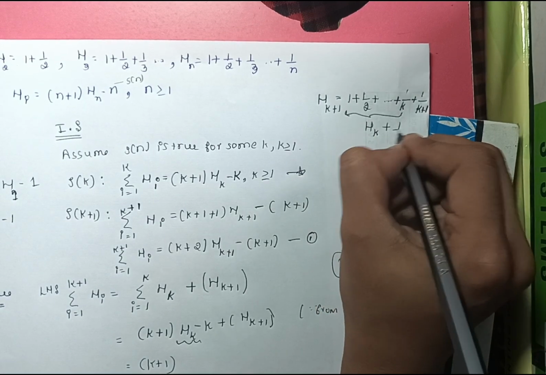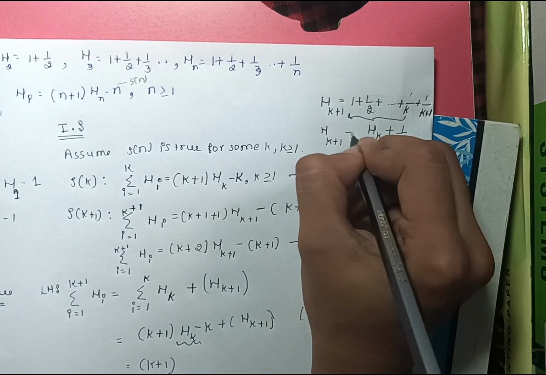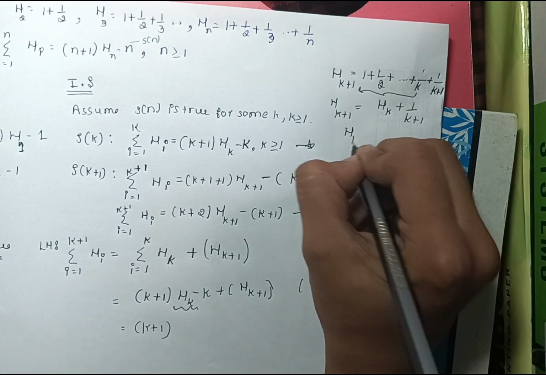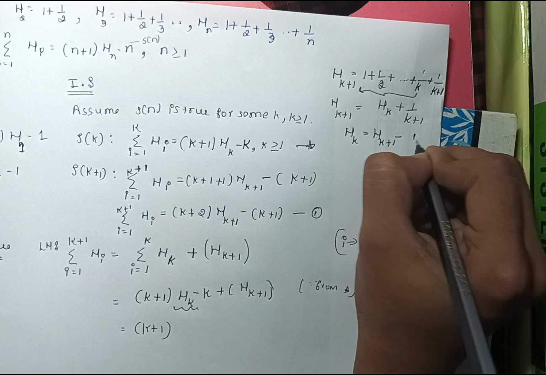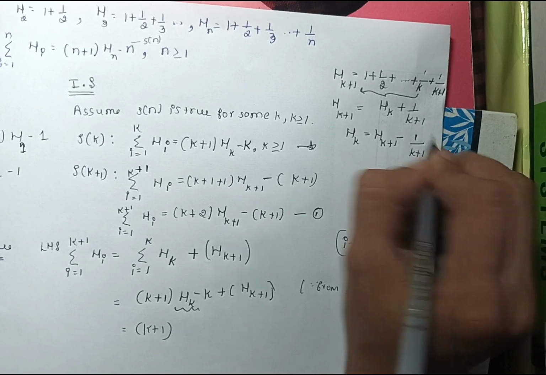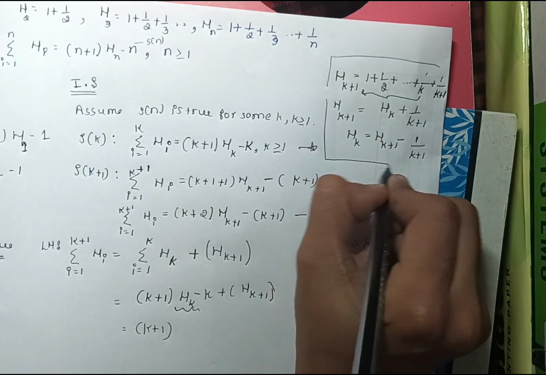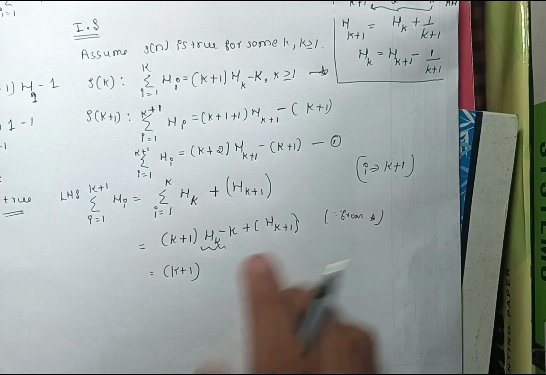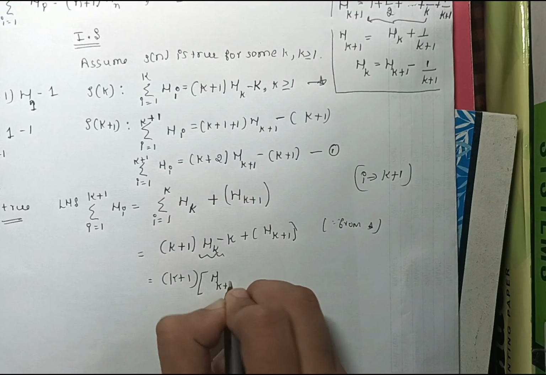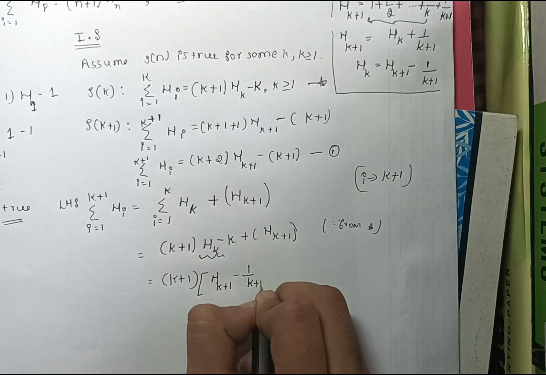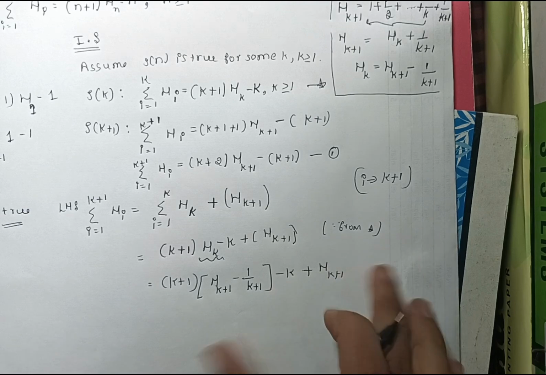It is h of k plus 1. We need h of k, that is h of k plus 1 minus 1 by k plus 1. This is the thing you have to know. H of k becomes h of k plus 1 minus 1 by k plus 1, minus k, plus h of k plus 1.